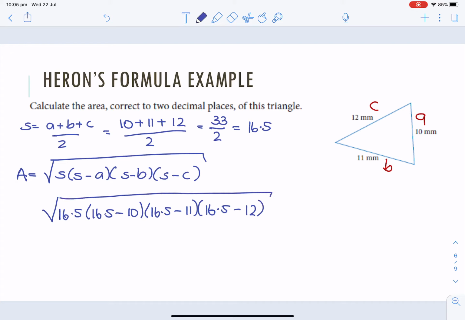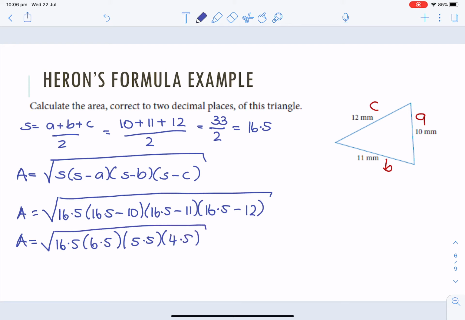Now we start to simplify each bracket. So we've still got 16.5. Now 16.5 subtracting 10 gives us 6.5. Second bracket, 16.5 minus 11 is 5.5. 16.5 minus 12 is 4.5.